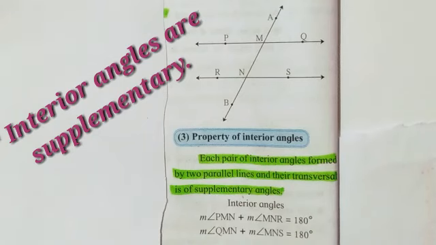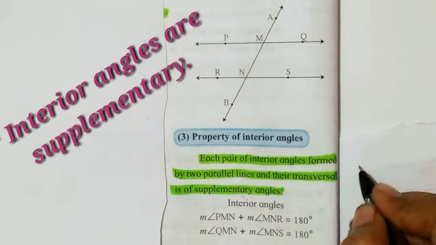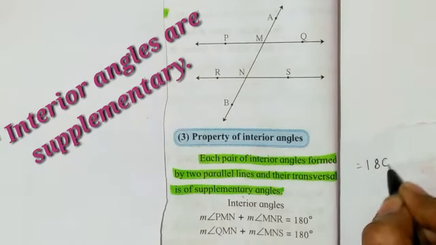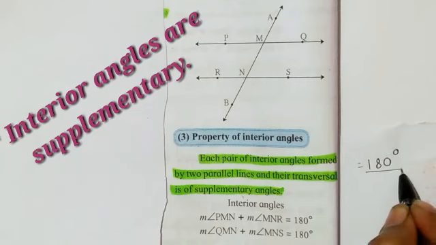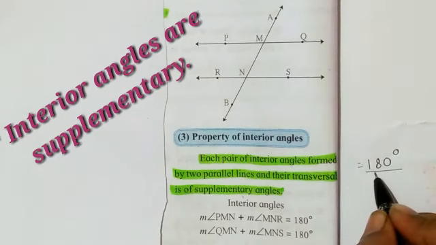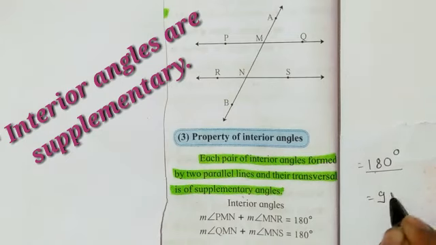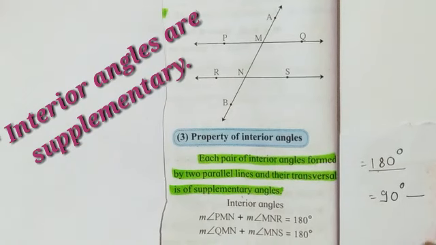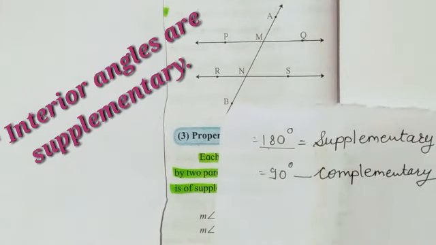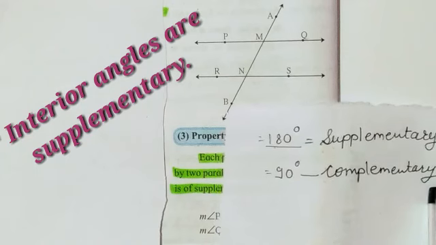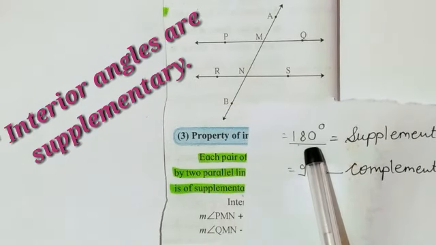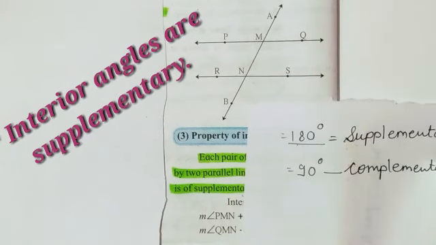Supplementary angles means two angles whose addition comes to 180 degrees. If the addition of angles comes to 90 degrees, then it is called complementary angles.